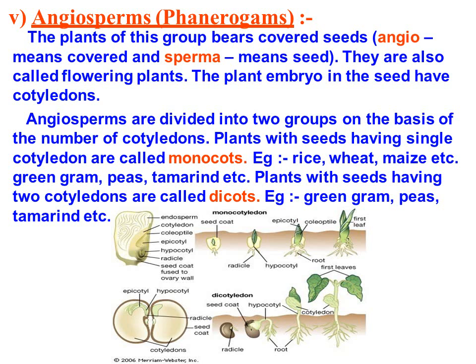Okay, that means one seed. And the examples are rice, wheat, maize, etc. Okay, even green gram, peas, tamarind also are monocot plants, they have monocot seed.